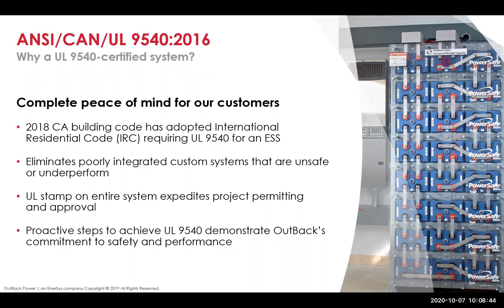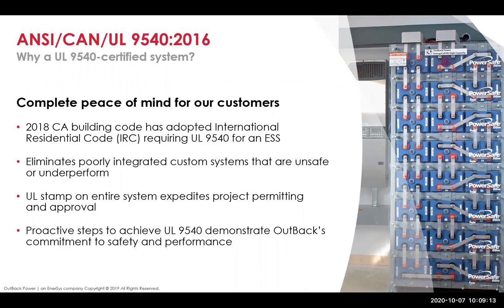Okay, and that UL stamp. Even if you're not in California, having a UL stamp on the entire system should expedite the project permitting as well as the approval when you have your inspection. I have gotten calls from some installers whose local jurisdiction says, hey, you've got this OutBack pre-wired system, but there's no system UL mark.